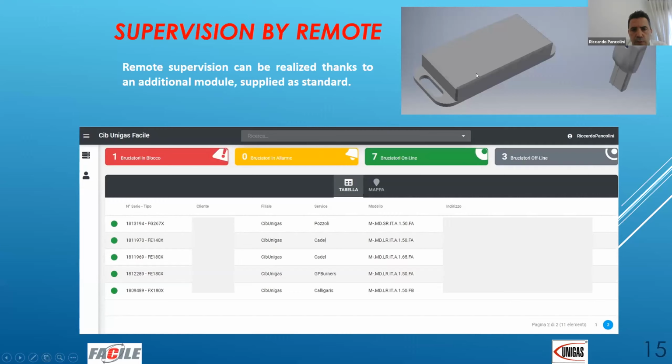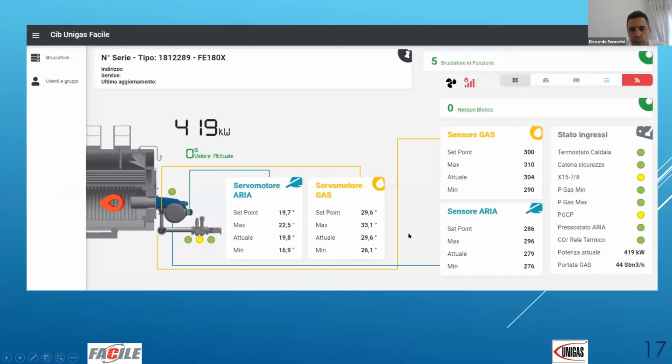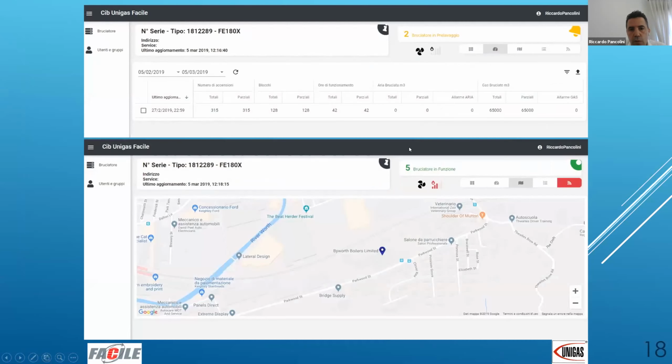So it's possible to supervise all the burners by a special platform, on which it's possible to see the place, the service, and the model. We can have the geolocalization on the maps, and we can see by remote what's happening in each burner. So the power burn, the position of actuator, the flows, the alarm, the flame presence, and so on.